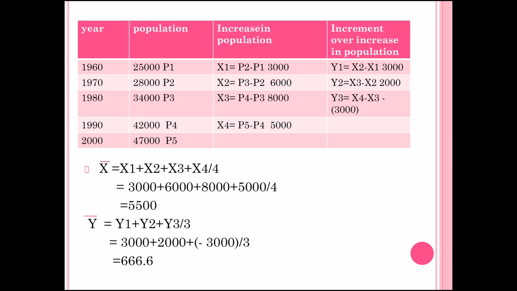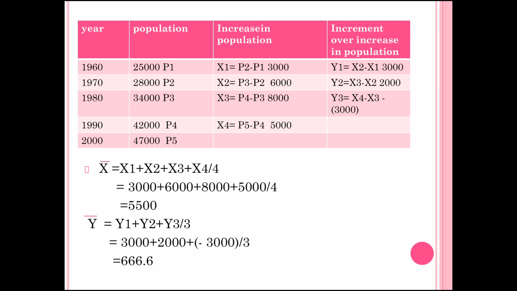This is denoted by y, so y1 is equal to x2 minus x1, which is 3000, y2 is equal to x3 minus x2, the answer is 2000, and y3 is equal to x4 minus x3, which is 3000.